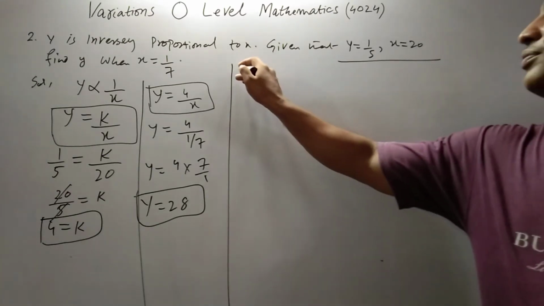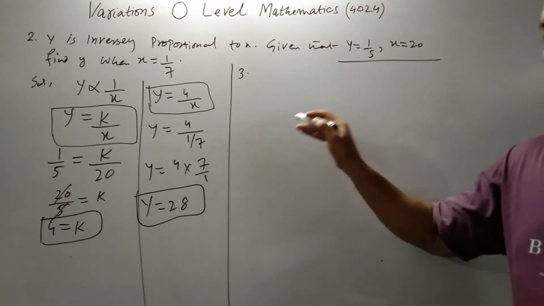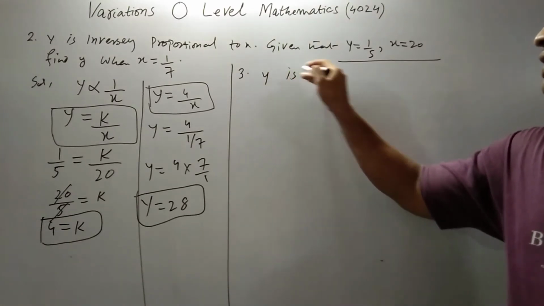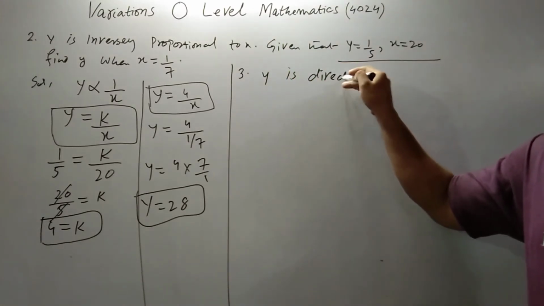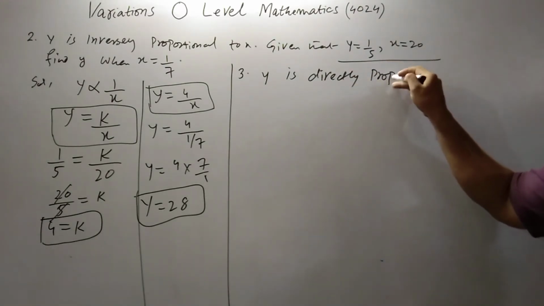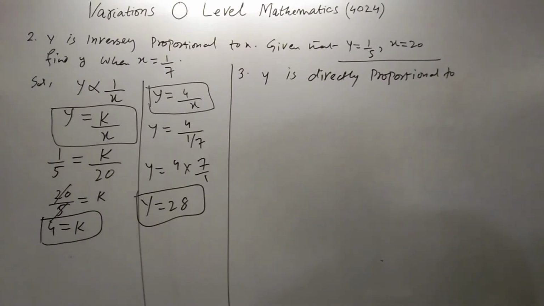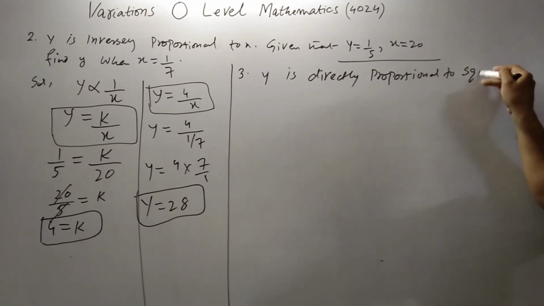Question number 3 is: y is directly proportional to square of x.